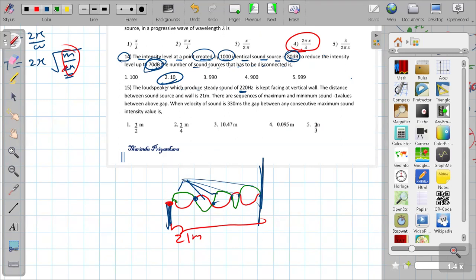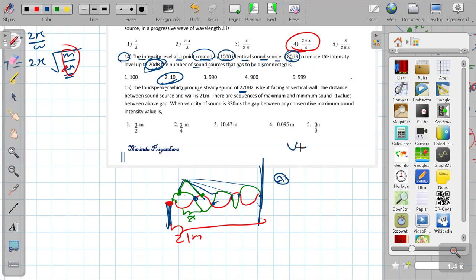So the distance between two consecutive high amplitude points is the wavelength lambda. I hope you understand.